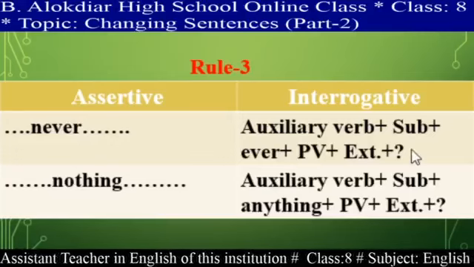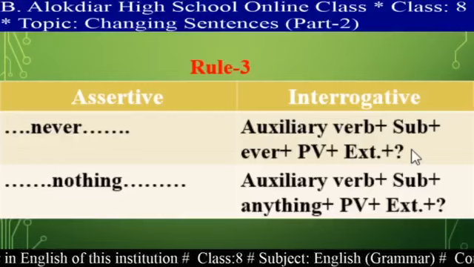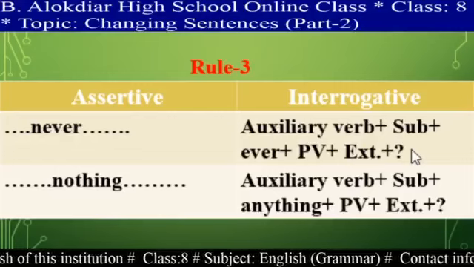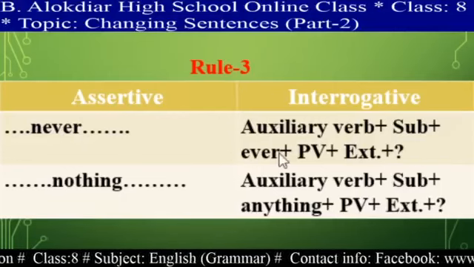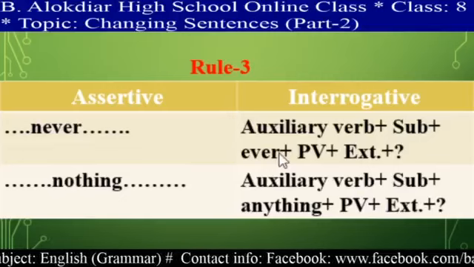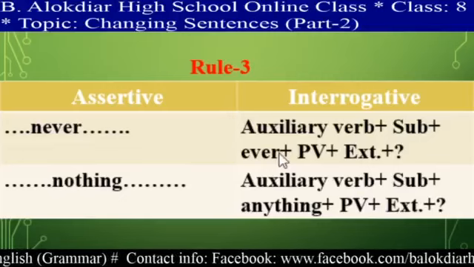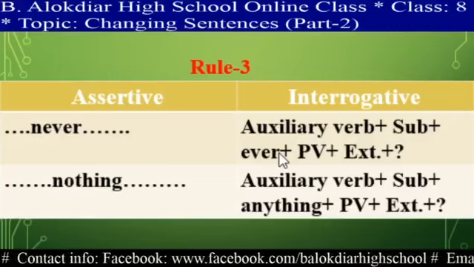So, see here, in example A, never. Instead of never, in the interrogative sentence, use ever. And if nothing is used in the assertive sentence, in the interrogative sentence we have to use anything instead of nothing.